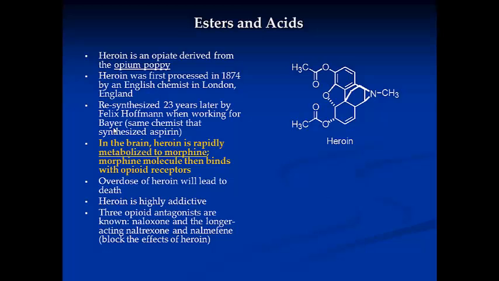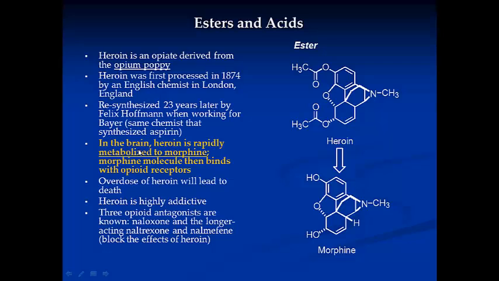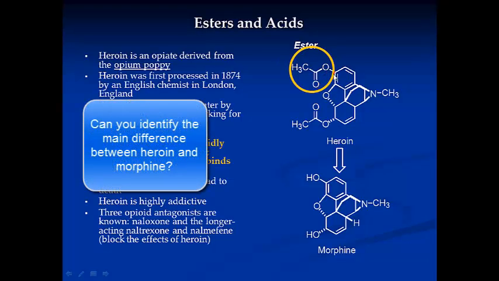What many people don't know is that in the brain, heroin gets metabolized into morphine, and morphine is what binds to the opioid receptors in the brain. Okay, so heroin has an ester. This is C double bond O, this is O, and then over here, that's the carbon group.